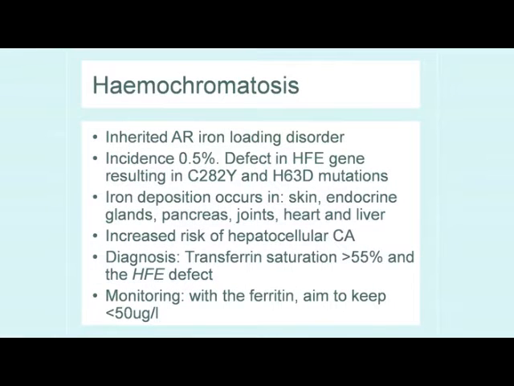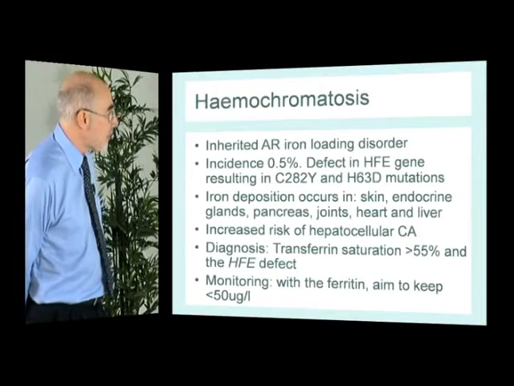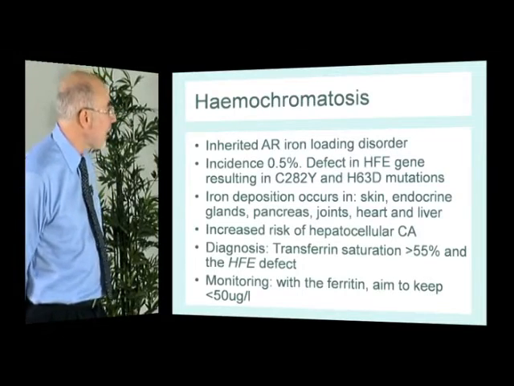The genetic defect is a mutation in the HFE genes that control iron absorption. And these may be detected fairly readily by a polymerase chain reaction on blood. Excess iron deposition occurs in the skin, giving rise to pigmentation, which is mostly melanin, by the way, and particularly prominent over the shins.